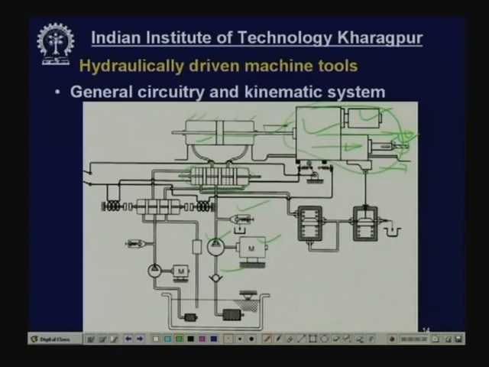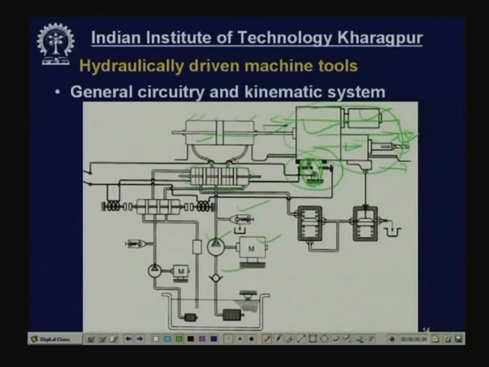The length of travel will be controlled by these stops. There are 2 stops here which will control the location of this pin, this lever, which will be connected here or there. Now, these 2 stops will control the reversal, so this will go forward and come back depending upon where this ball strikes, here or here.